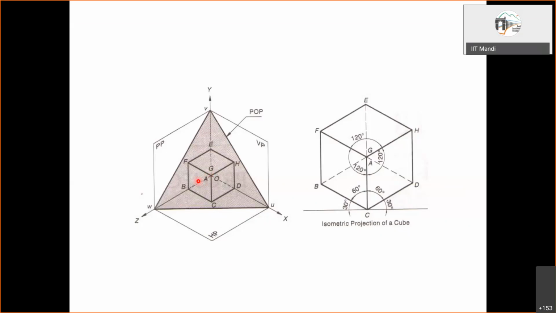The front view will look like a square with one of the edges parallel to the XY line. This will give the top view. So the top view again will be a square with one edge parallel to the XY line, right? But this isometric view is giving you what is visible here. So this is the one which we will be using for the isometric projections. That was the purpose of this plane.